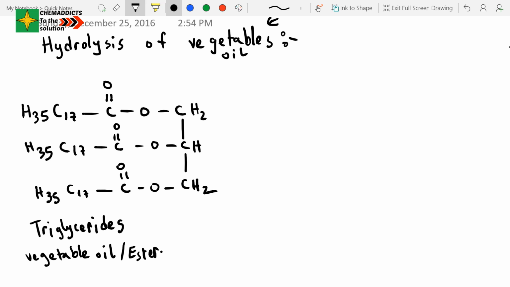Now we are reacting triglycerides with 3 moles of sodium hydroxide, in aqueous solution.